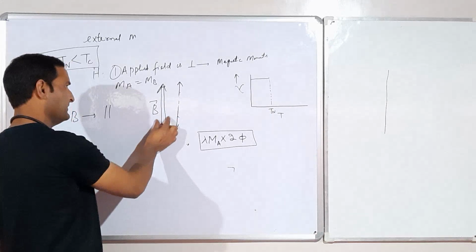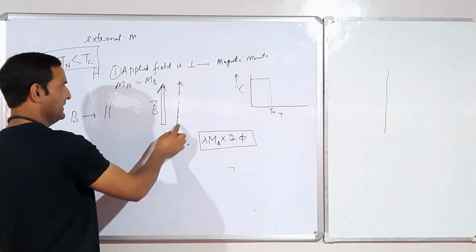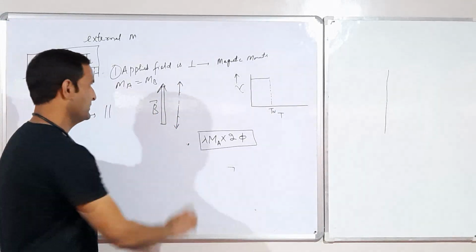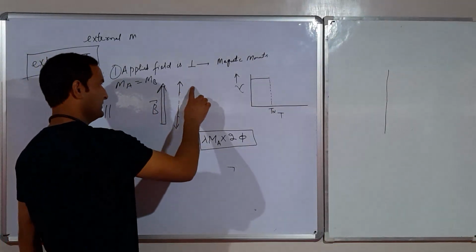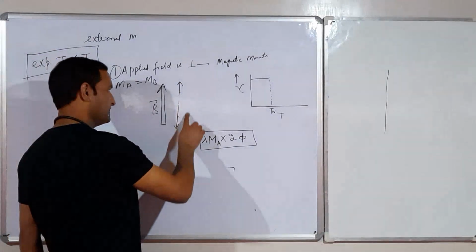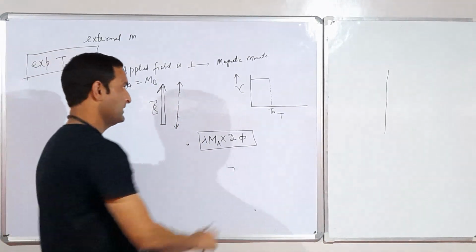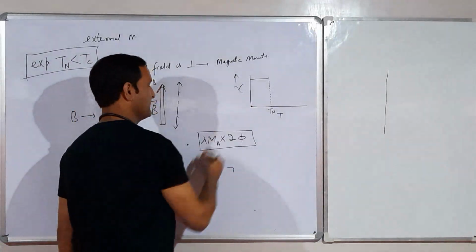For a very small field, it cannot disturb this arrangement, so it remains there. There is one spin up and one spin down, so the net magnetization will be 0. That means it starts from here.